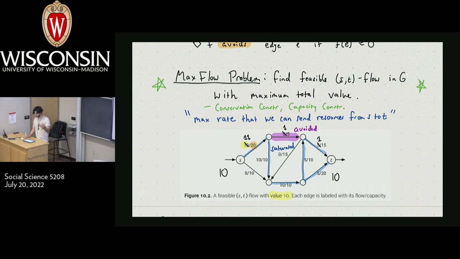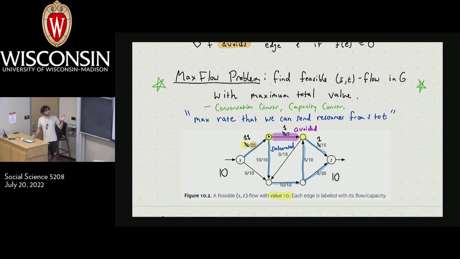And now we've created a new flow of value 11. And notice conservation holds because the amount of flow entering this highlighted node is equal to the amount that's leaving it, which is 10 plus 1. And similarly, the amount of flow leaving that node is still preserved.